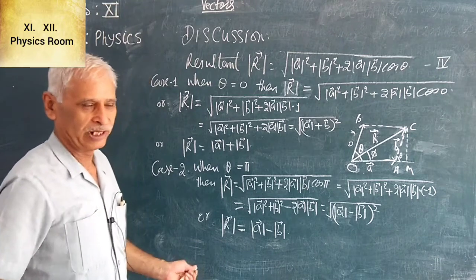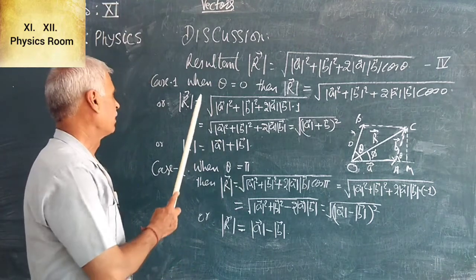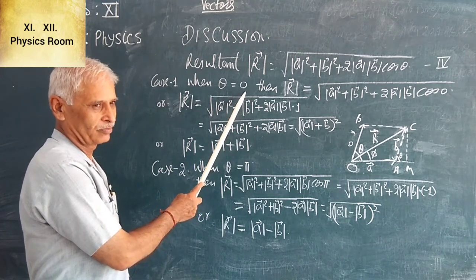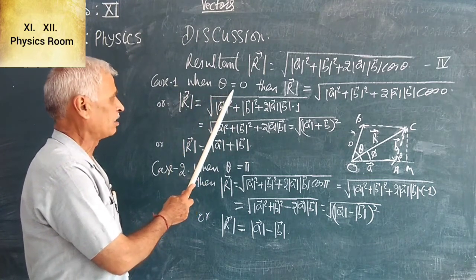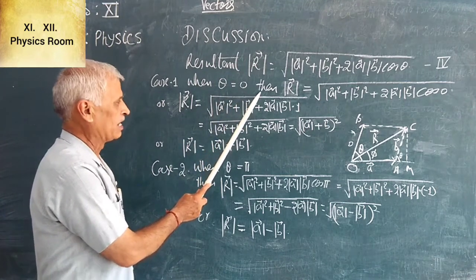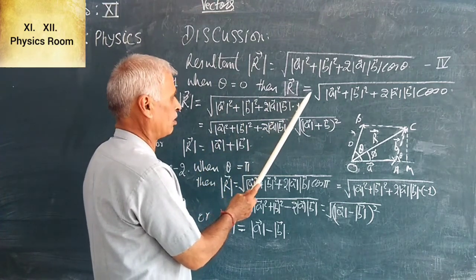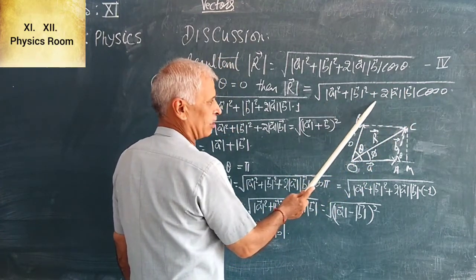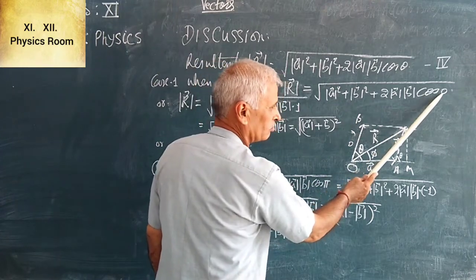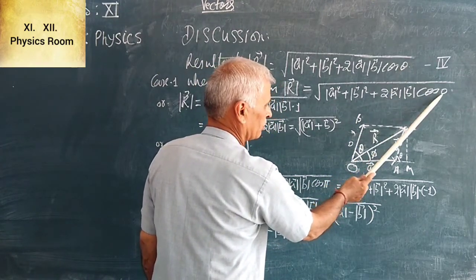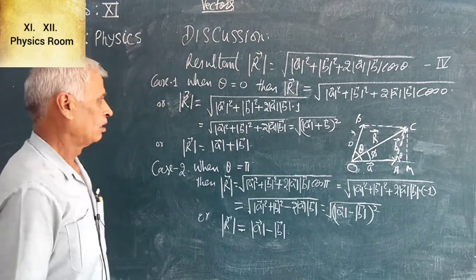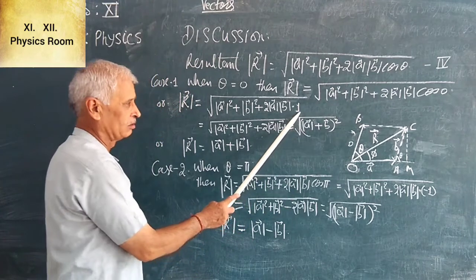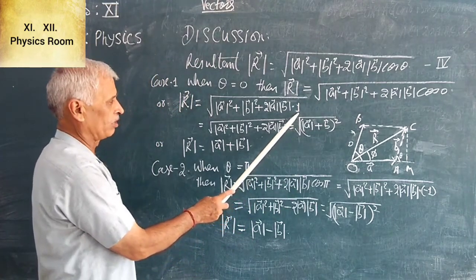Now we take up the case when theta is equal to 0. Case 1, when theta is equal to 0, then mod R will be equal to under root of A square plus B square plus 2AB cos 0. Here theta is replaced by 0, and as you know, cos 0 is 1.